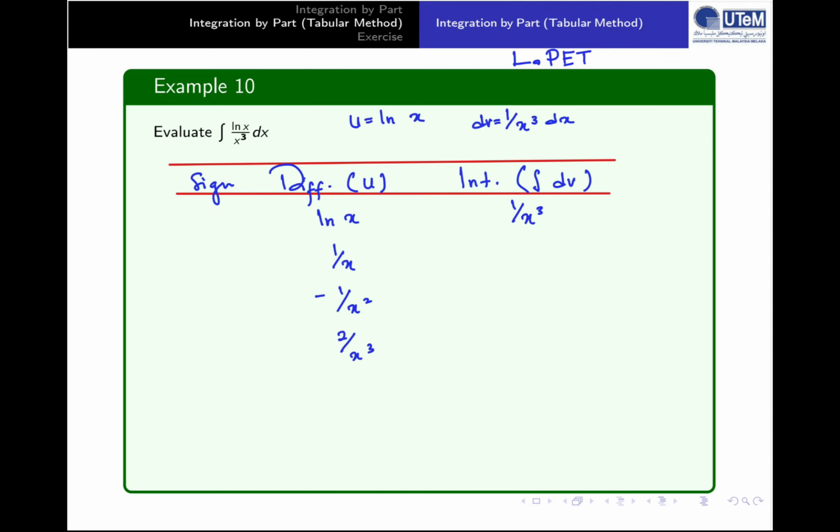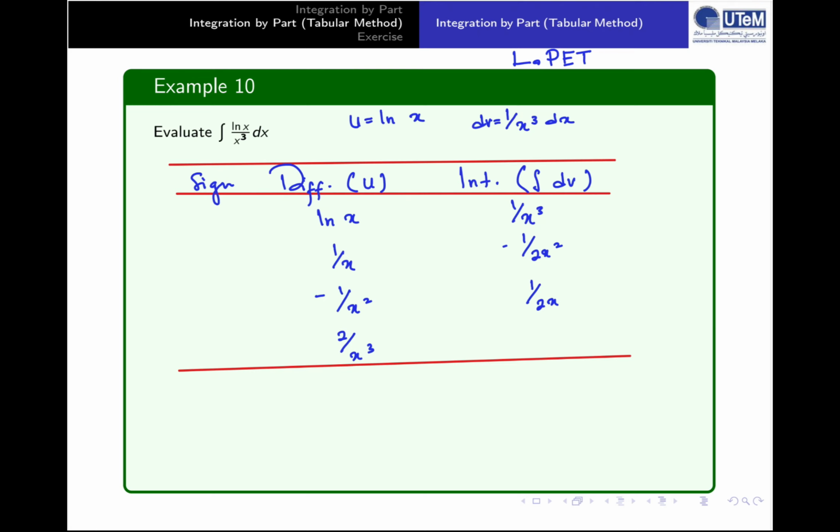Okay, so this one we can get for integrations negative 1 over 2x squared, and then 1 over 2x.